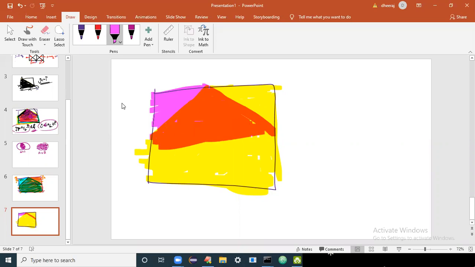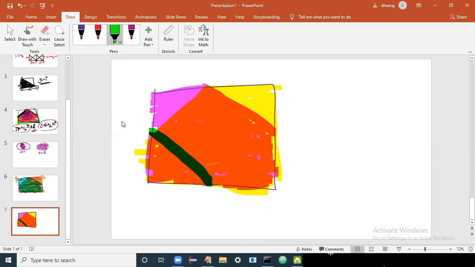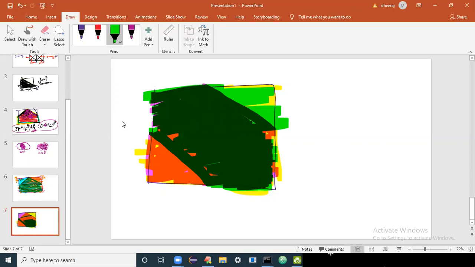Then I'll tell there is one more line equation, and from this line, print right side. So it will be printing on this right side. Okay, fine. So next.